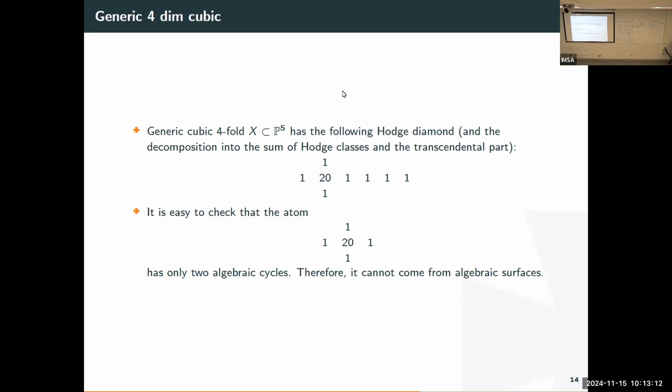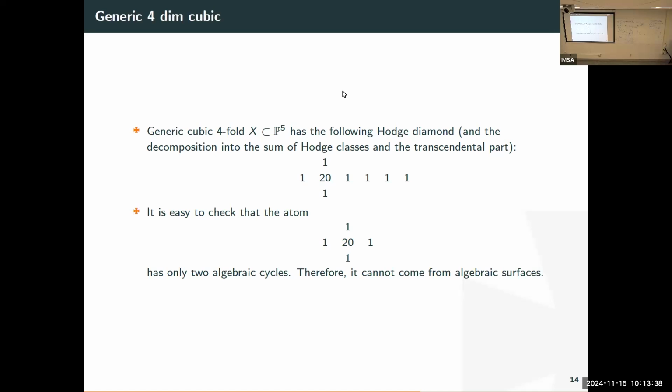Now there is this question, a conjecture which was posed by Kuznetsov, saying that a cubic is rational if and only if it contains an algebraic K3 surface in its semi-orthogonal decomposition.